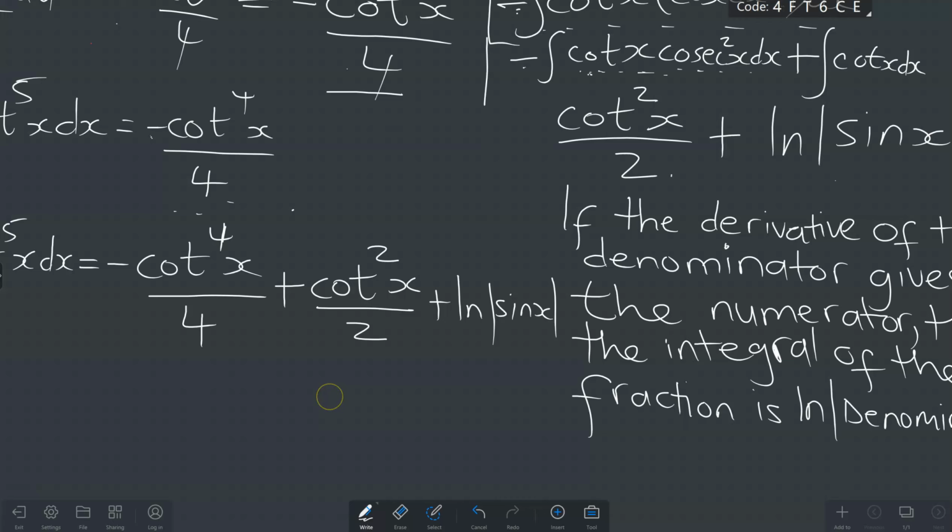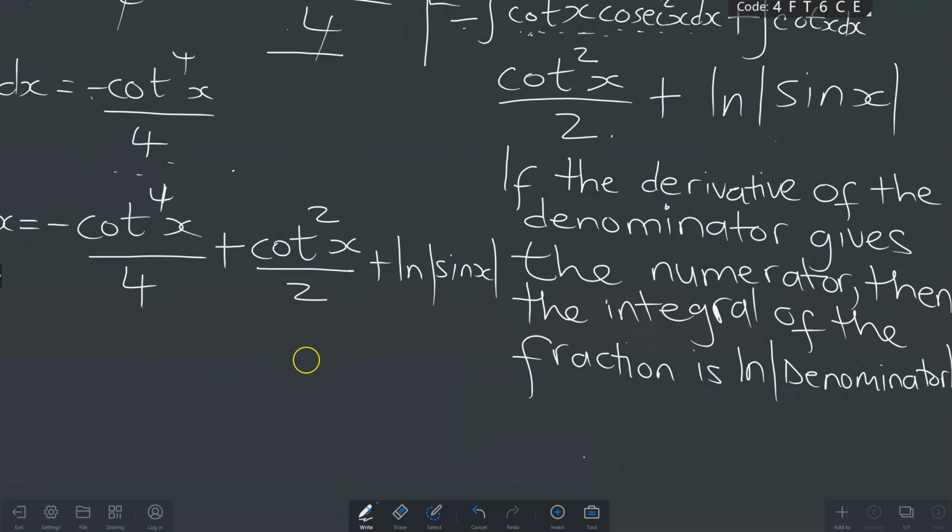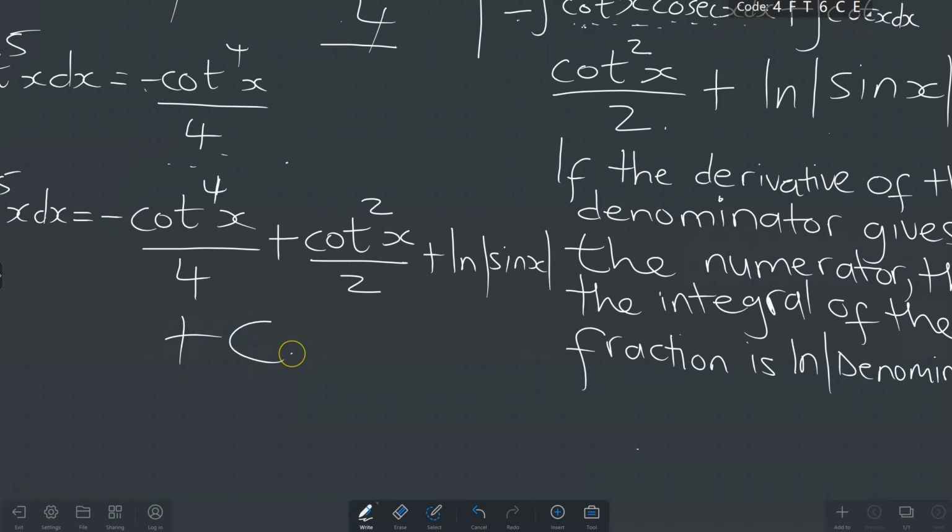And then we need to put a constant of integration c. So I'll just put it down here and say plus c.